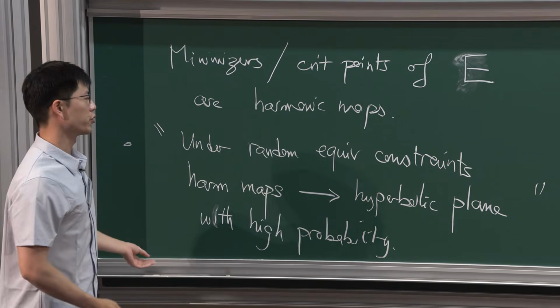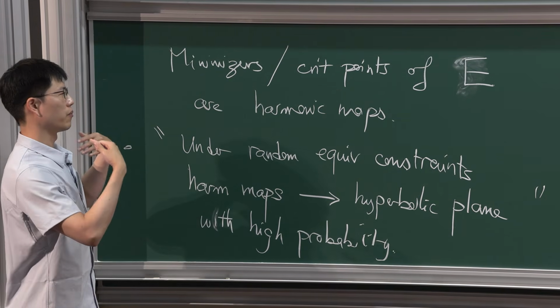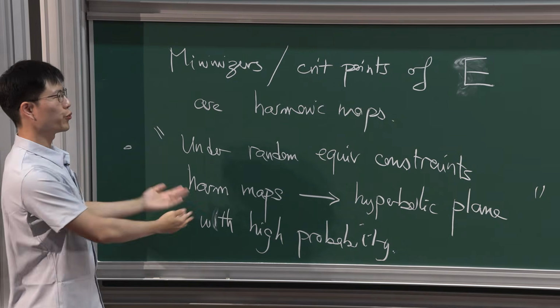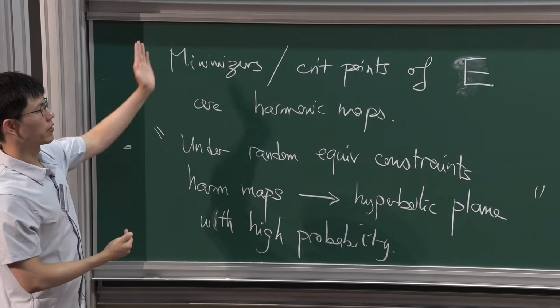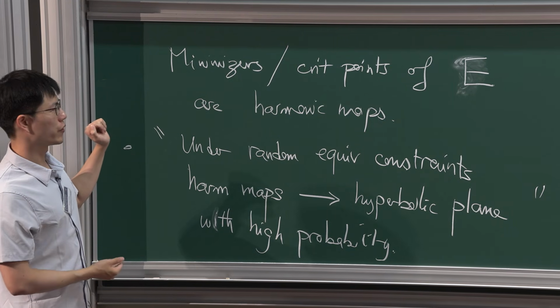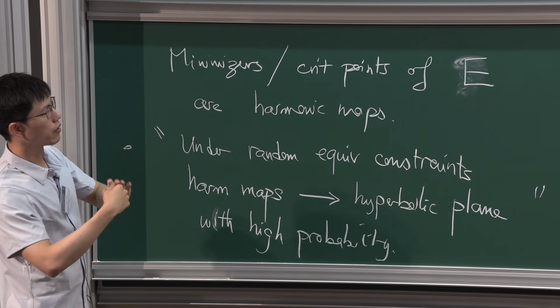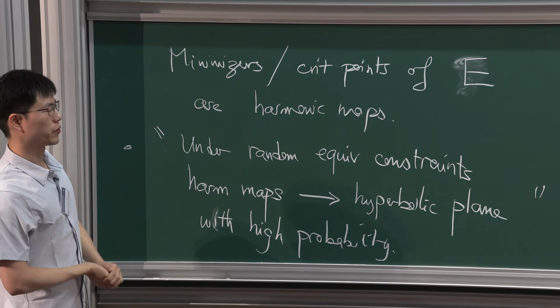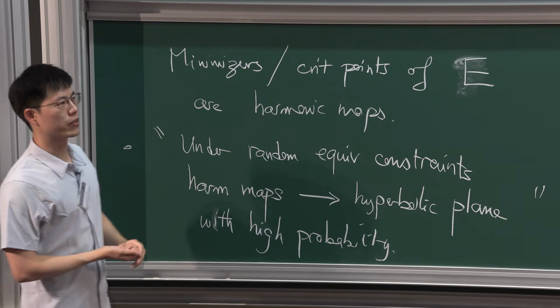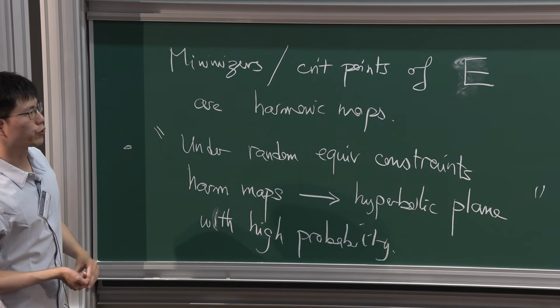So the goal is to make sense of this statement, but also it's going to be an excuse to introduce and talk a lot about some basic objects like harmonic maps, minimal surfaces on the geometric side, and unitary representations, and notions about unitary representations, like the representation of PSL2(R), or the notion of strong convergence in random matrices.